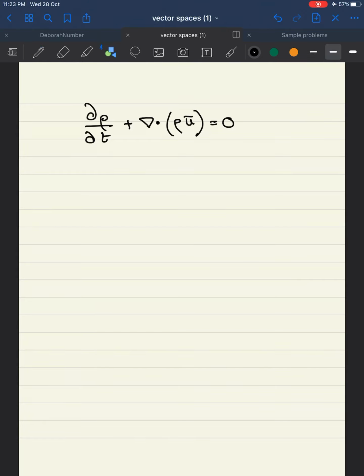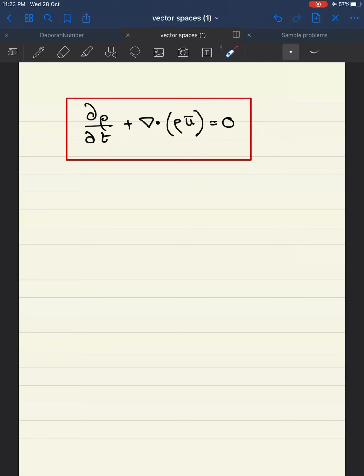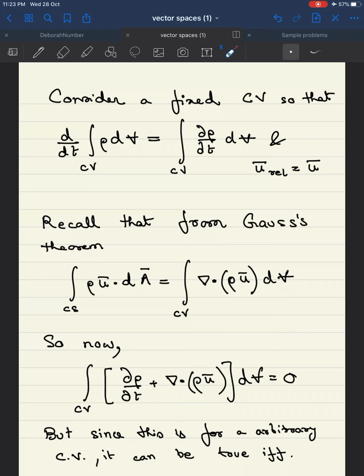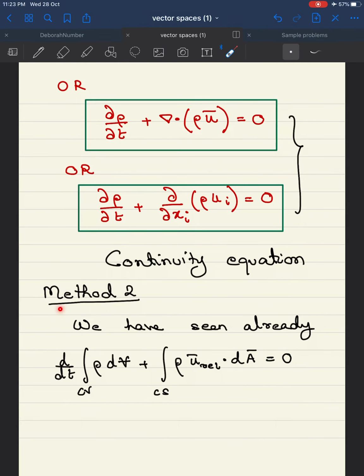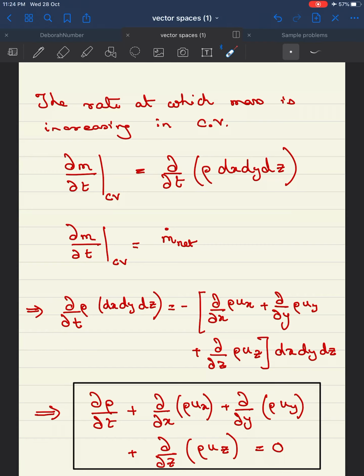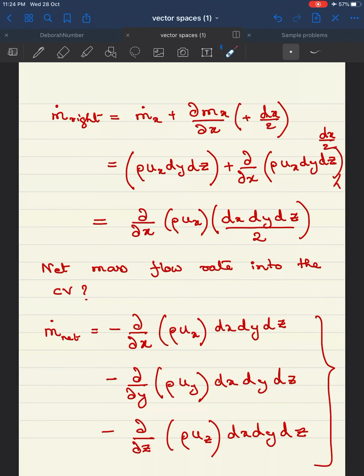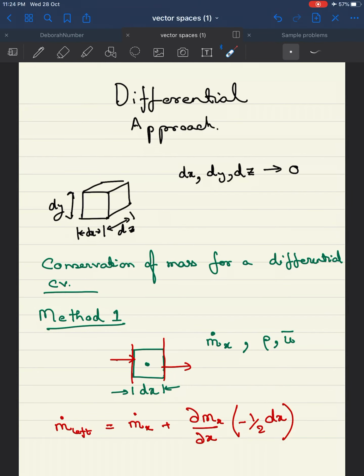Okay, great, we have gotten back the same result. So we have worked out the same result through two different methods. Method 2 used the integral control volume formulation that we had already seen, whereas method 1 just used our normal bookkeeping for a differential control volume, and we are able to get the same answer.